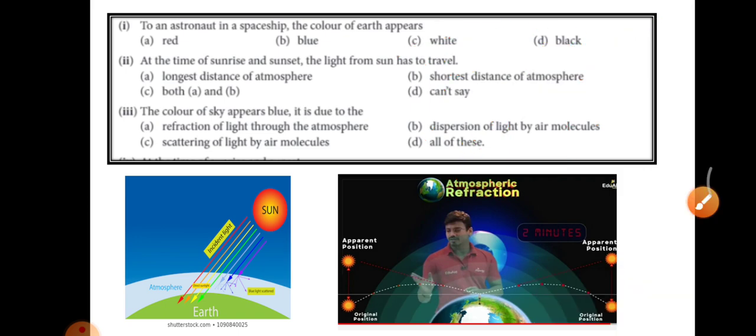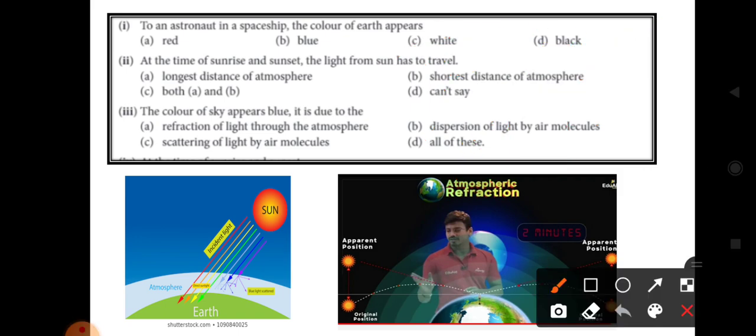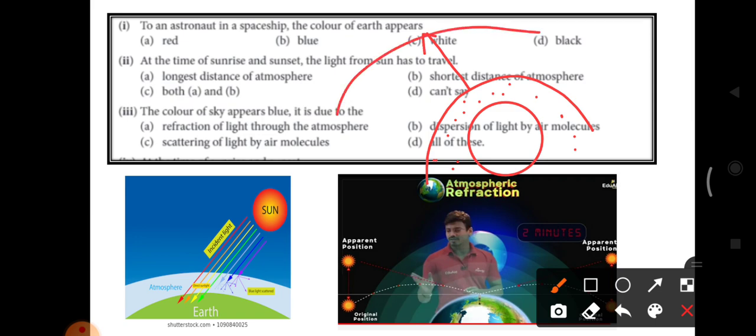Do you understand what I am saying? This is our earth. It is made up of atmosphere. The atmosphere consists of many particles. But if you go up, there is no atmosphere.